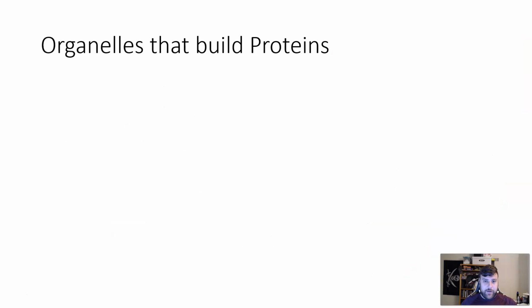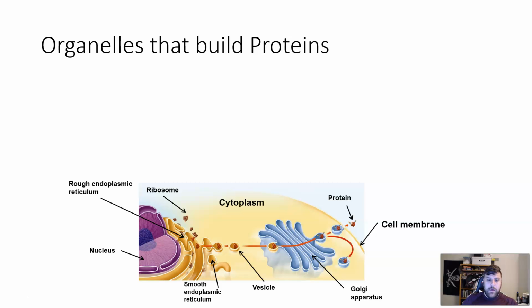The next set of organelles, moving on from the nucleus, are the organelles that are responsible for building and transporting proteins and other materials to where they need to go. We're going to talk about 3 different ones in this set. The first one being ribosomes. Ribosomes are responsible for actually assembling proteins in our cells. And these are found in all cells.